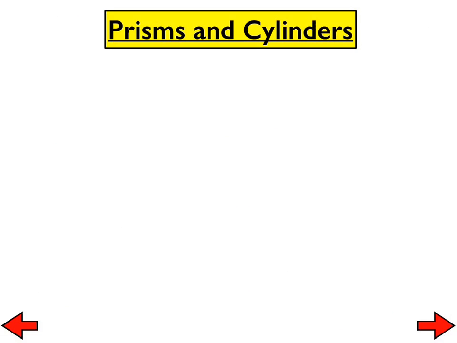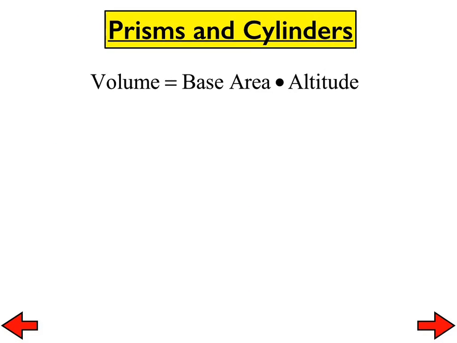All right, continuing on, prisms and cylinders, which we've talked about before. To find the volume of either a prism or a cylinder, it is the area of the base times the altitude. Now, you may have heard it as the height. I don't like to call it the height because sometimes students get the height of a base confused with the height of the actual shape. So I refer to how tall a shape is by its altitude.